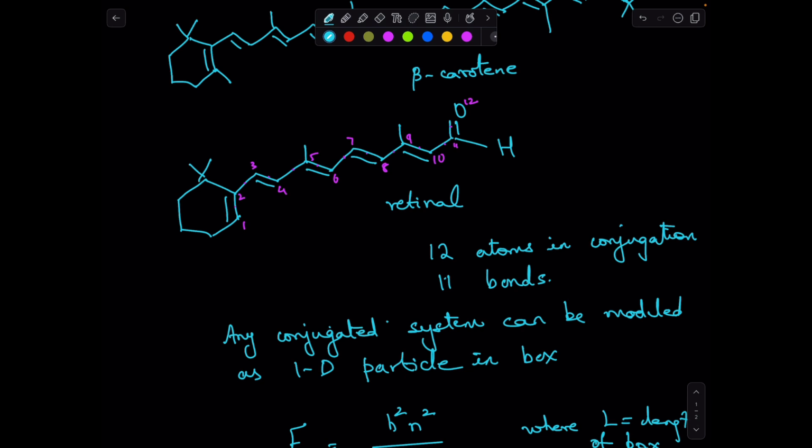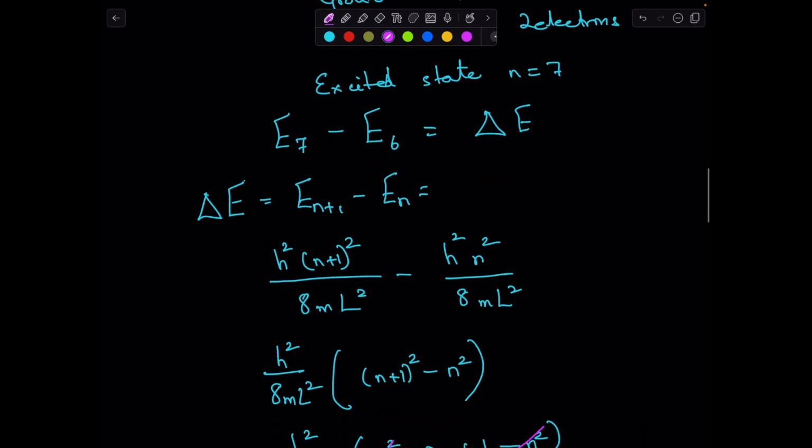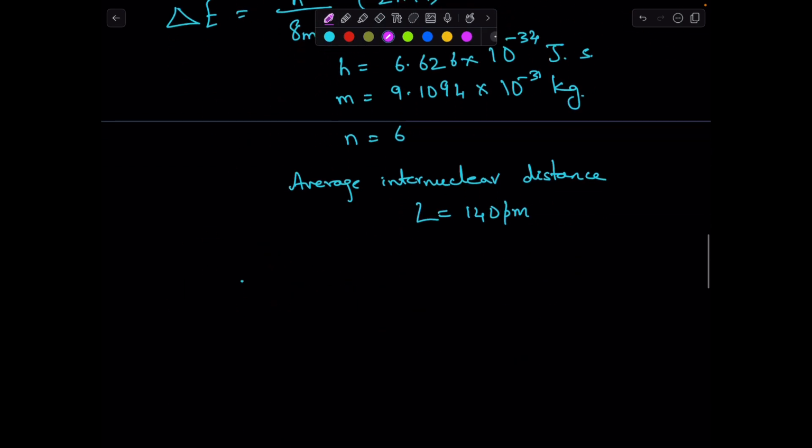Since we have 11 bonds and the distance of one bond is 140 picometers, the distance of 11 bonds would be 11 times 140 picometer.